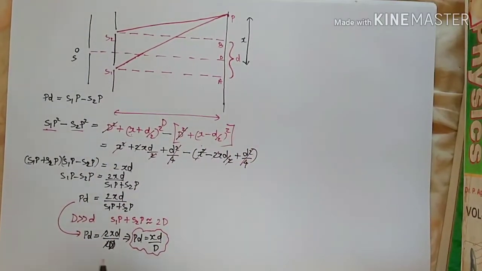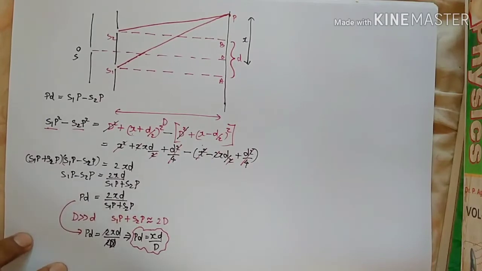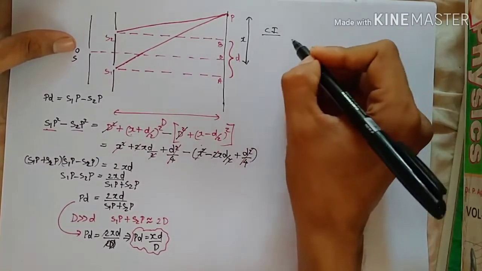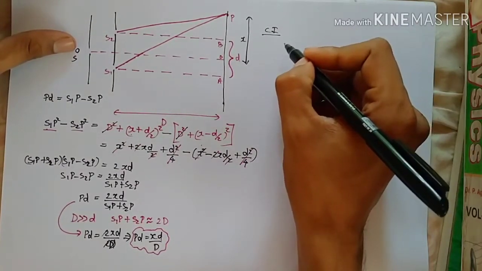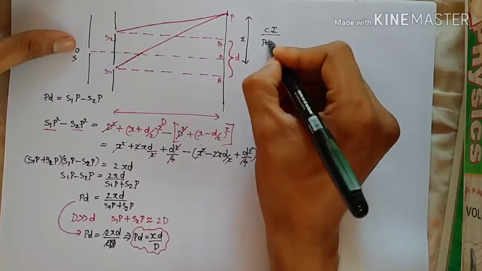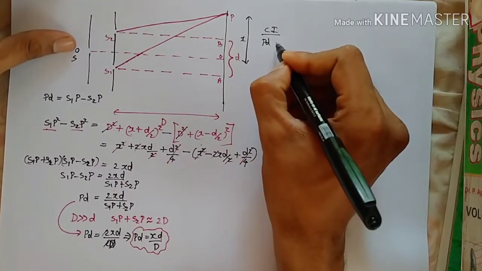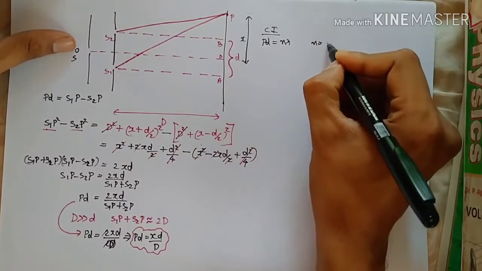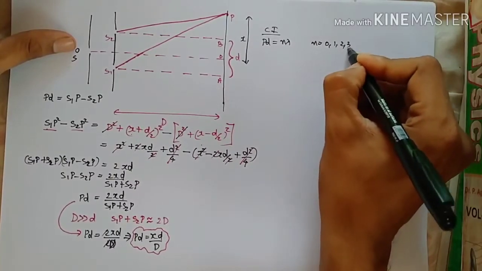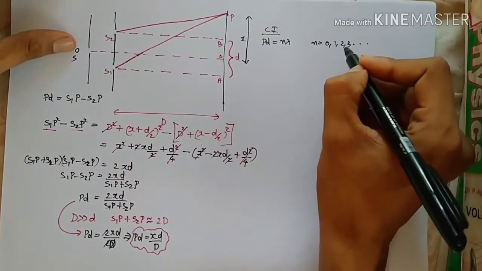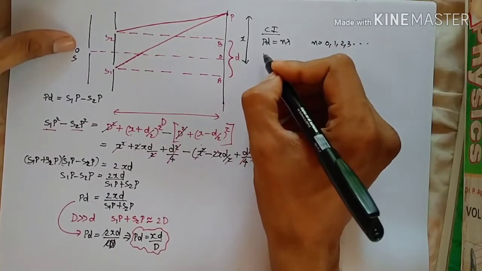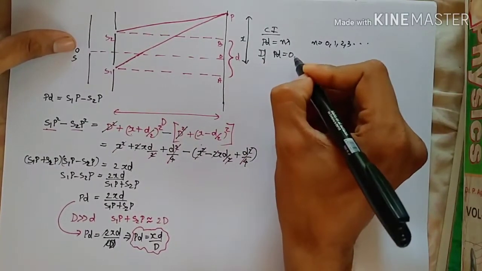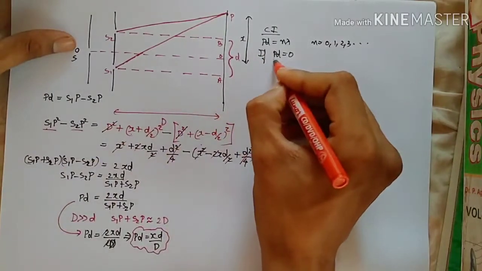Okay, then we'll use this expression for path difference in our constructive interference condition. In constructive interference, we have learned that the path difference is nλ, where n = 0, 1, 2, 3, etc. Therefore, let's have a situation where path difference is 0.